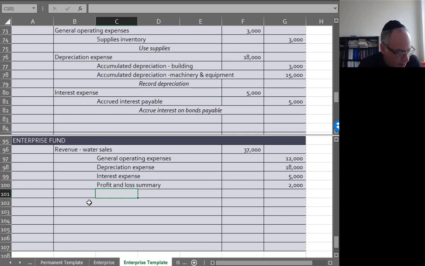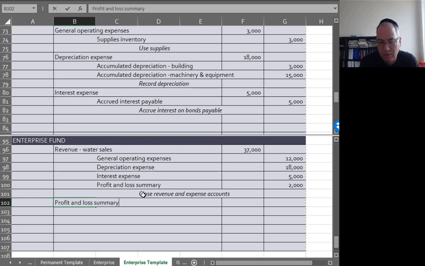And then this profit and loss summary is going to get closed to retained earnings. No, just kidding. Net assets unrestricted. We have to make a little adjustment here.